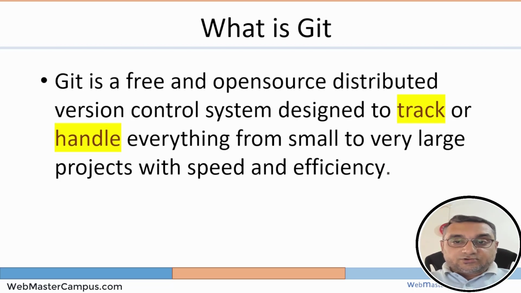They can also track and handle everything from a single small project to a very large distributed project with speed and efficiency. Git manages the speed and efficiency, so it's not going to take a long time to track the changes. It is very efficient. You will be seeing how easily it is going to update and modify, tracking all the changes.